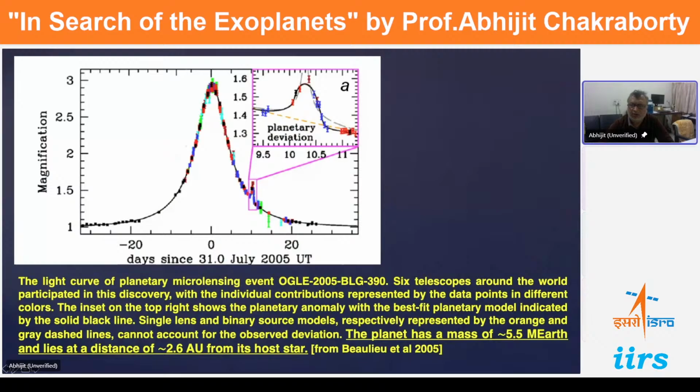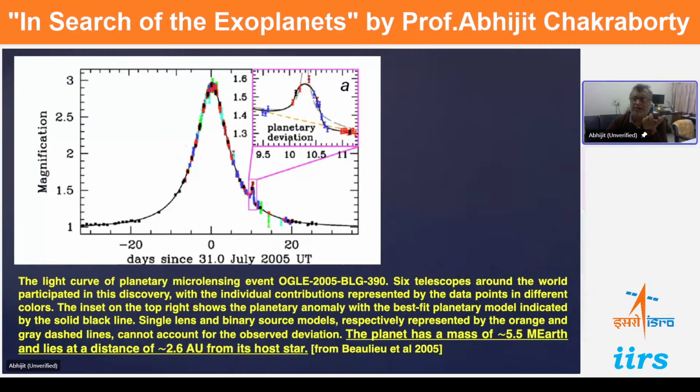Okay, and the mass of the planet was calculated to be 5.5 Earth masses. Okay, and the distance between the star and the planet was found to be 2.6 AU. This discovery was done in 2005. So this is one of the ways to detect a planet around a star indirectly.